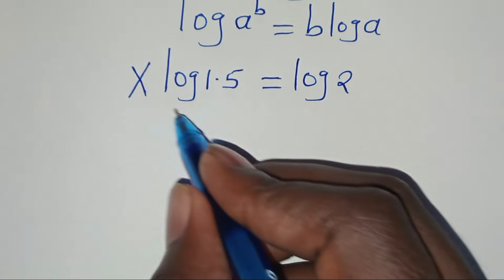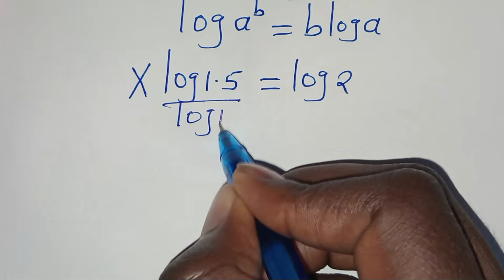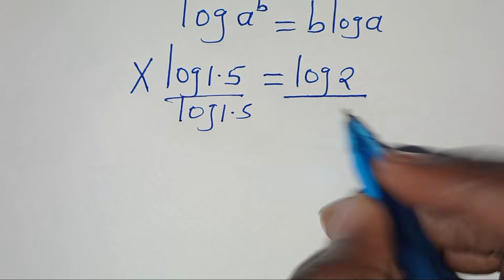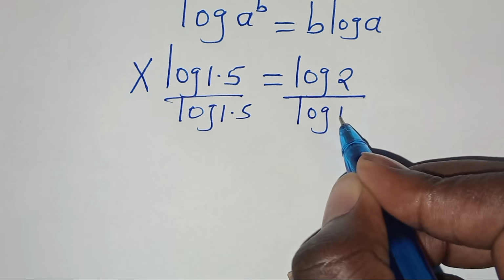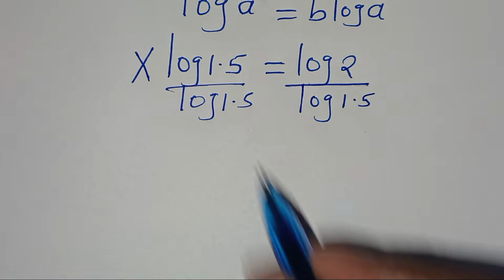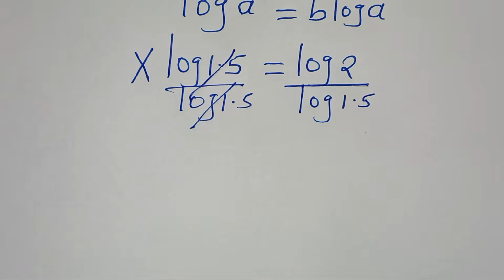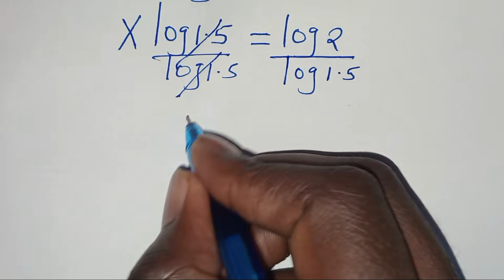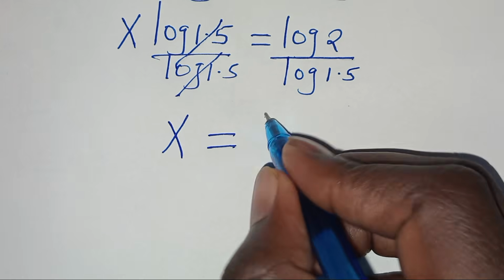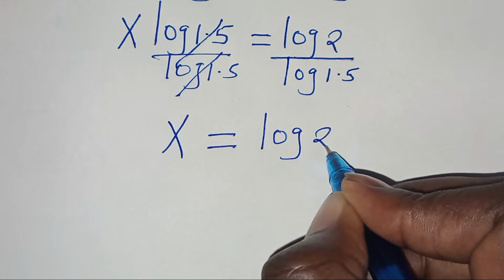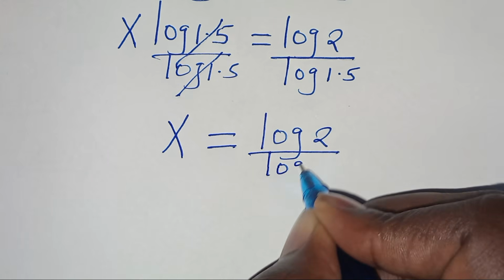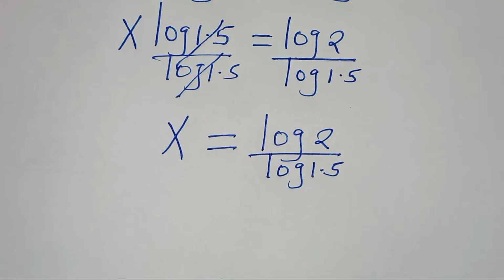Now let's divide both sides by log 1.5. Let's simplify here, so that now we have x is equal to log 2 divided by log 1.5.